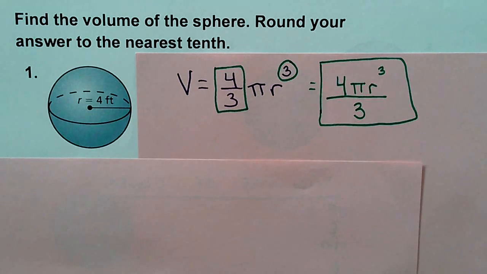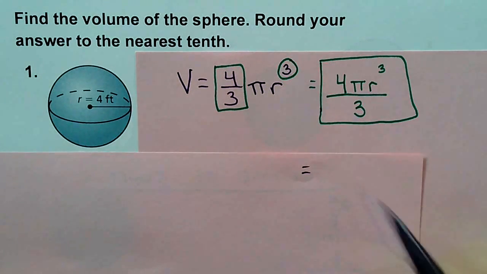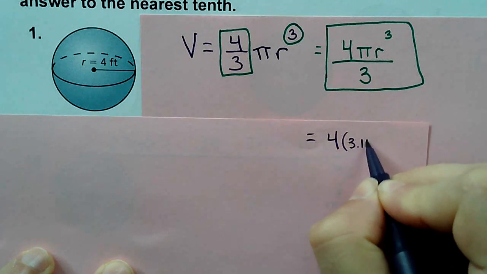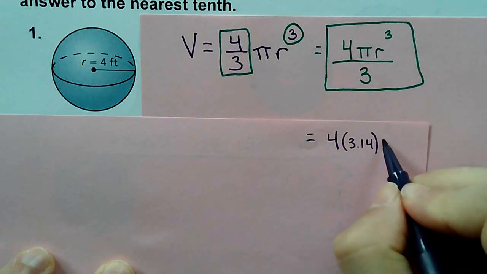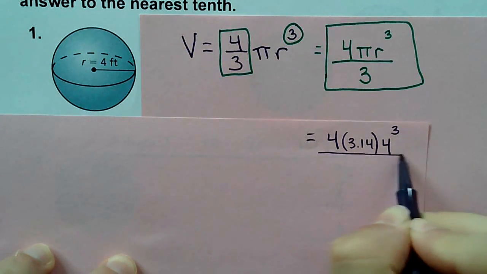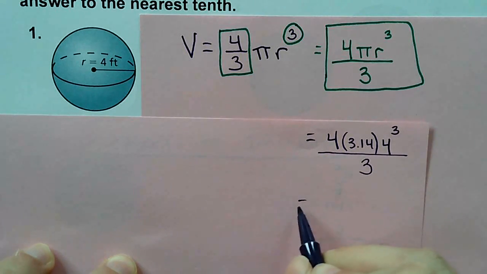There's no height this time, so we don't have to worry about that. So let's take what we got. I'm going to slide this up. We have 4. 4 stays 4. Pi becomes 3.14. And now my radius is cubed. So 4 times itself 3 times. And I'm going to divide that result by 3.